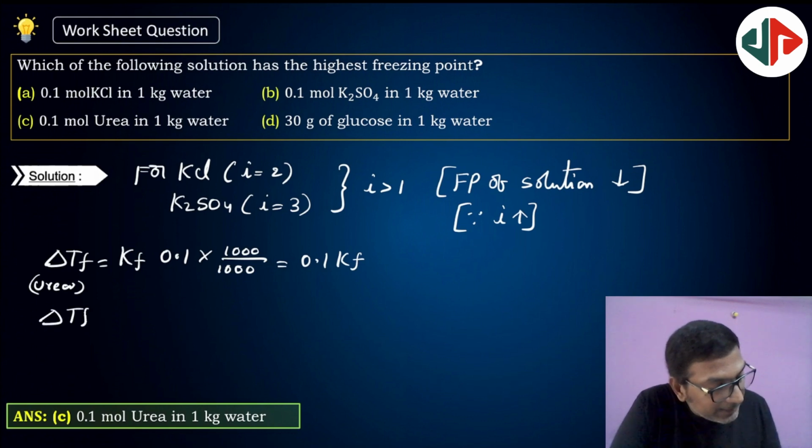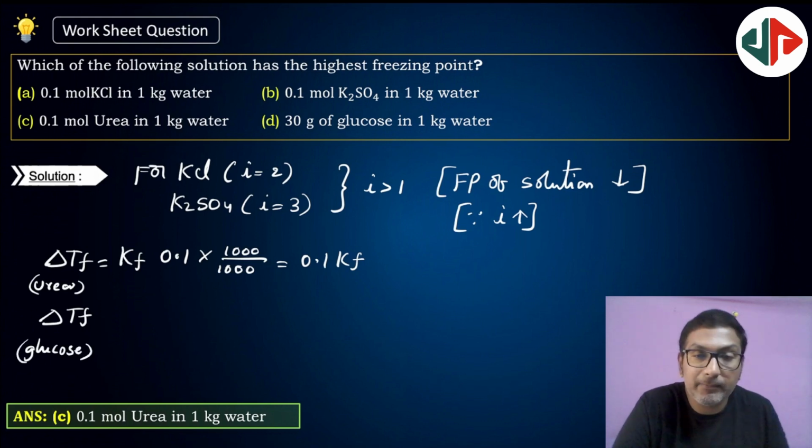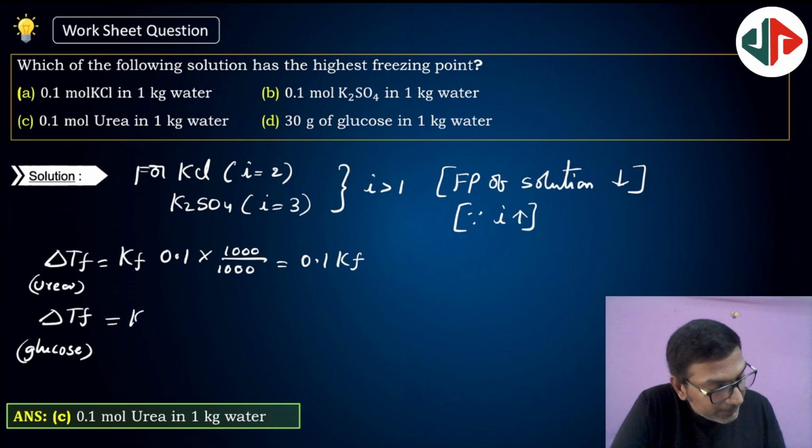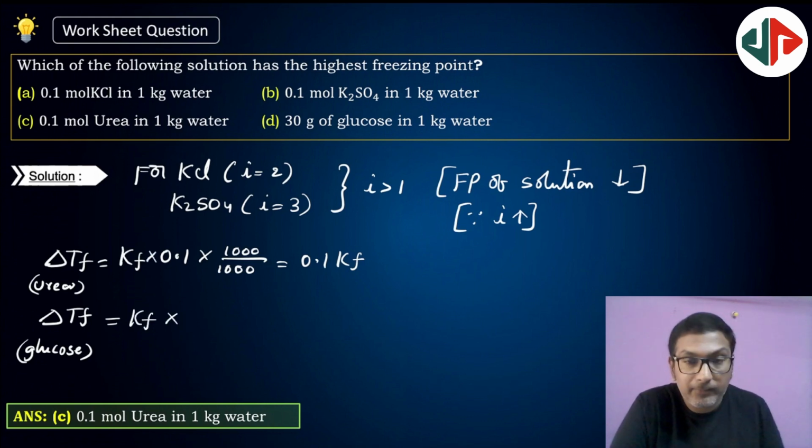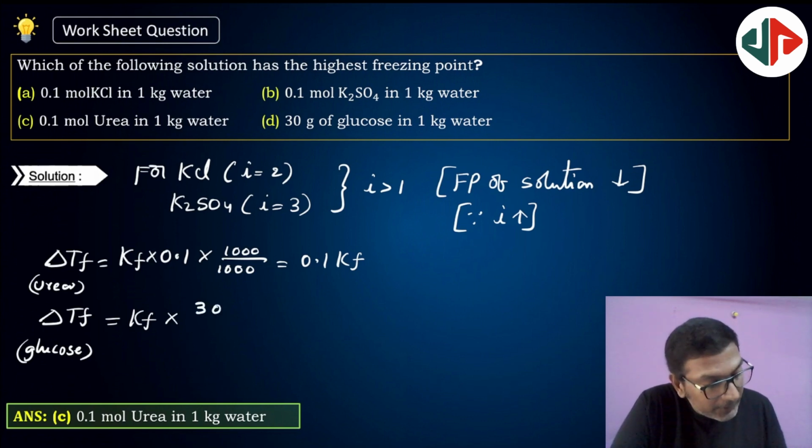Next, ΔTf for glucose equals Kf into 30 grams by 180, which is 0.166 into Kf.